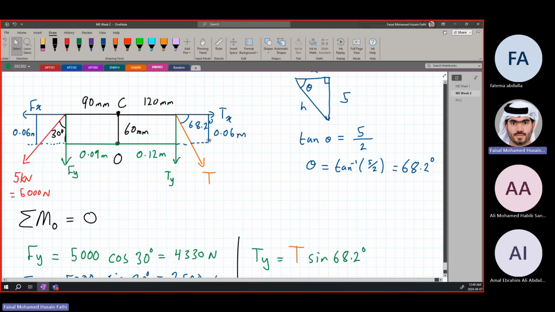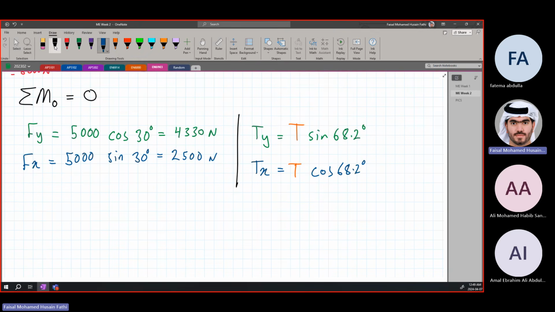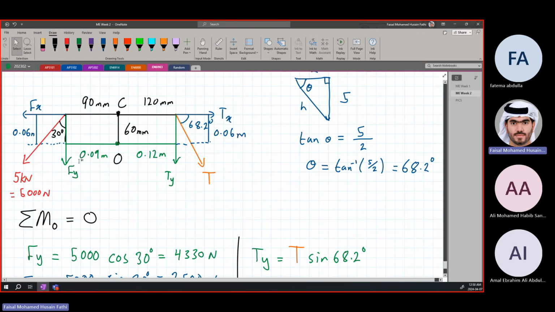Alright, so we have the perpendicular distances for Fx, Fy, Ty, and Tx, so we can find the moment of each. The T we will look at later, that's the value we're trying to find. So let's do it one by one. The moment about O due to Fy is equal to 4,330 times the perpendicular distance, which was 0.09 meters.